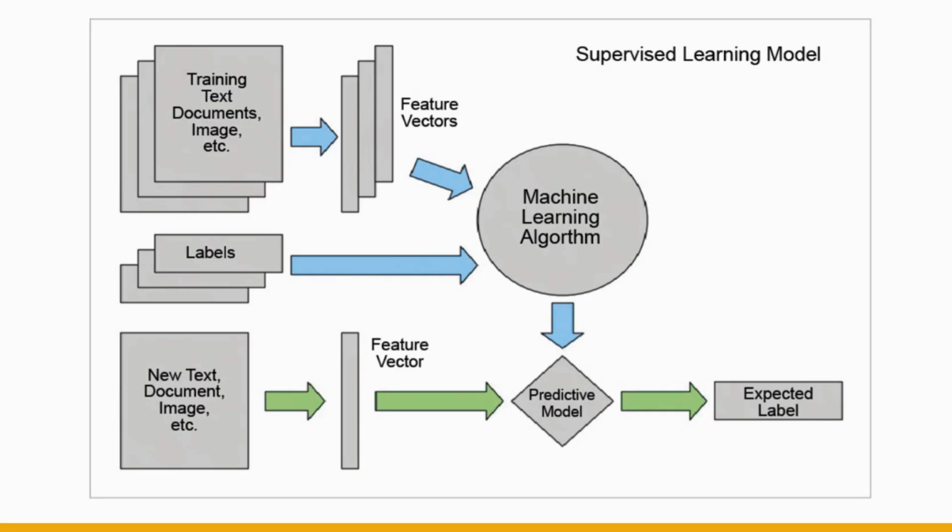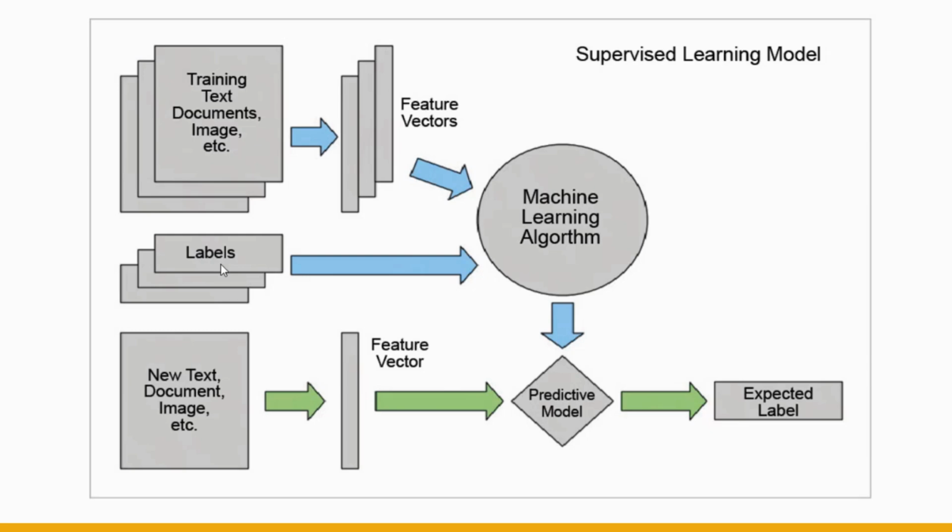Supervised learning model. This particular diagram depicts the supervised learning model and how it works. There is a machine learning algorithm here. It takes input as a training set along with its corresponding label. The training set may be text data, documents, images, or any kind of past experience that has a corresponding label.